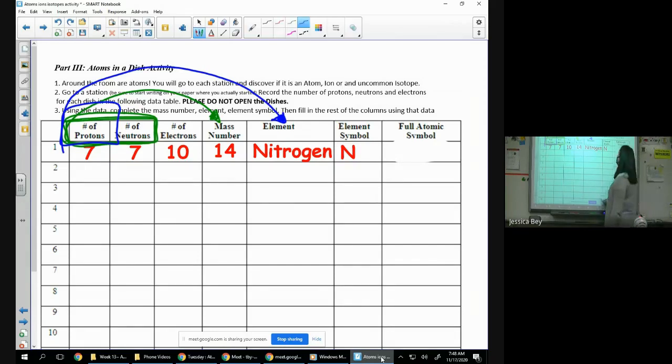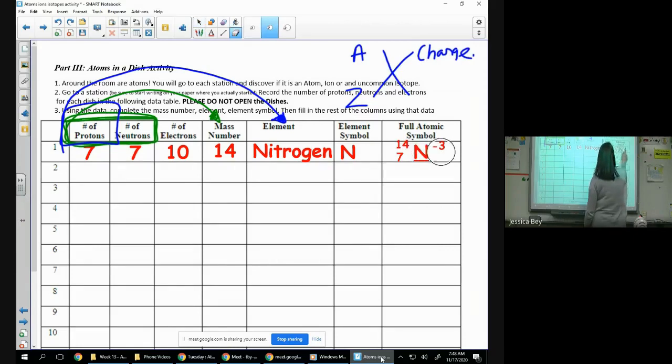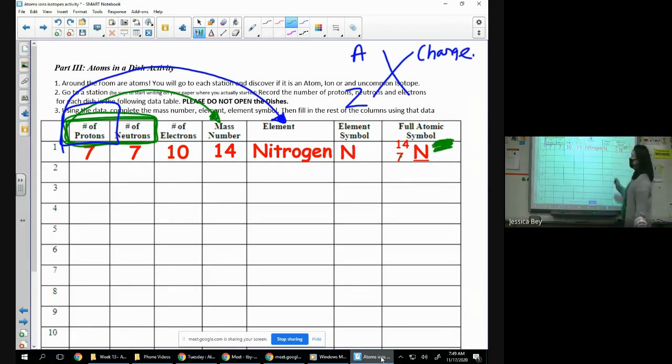Remember, for the full atomic symbol, if you want to jot it off to the side here, you write the element symbol, you write the mass, you write the atomic number, and you write the charge. So this would say 14 and 7. The hardest part will be trying to get the charge. Let's talk about the charge.